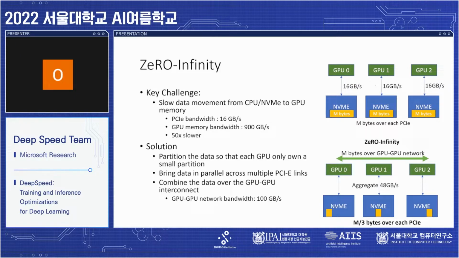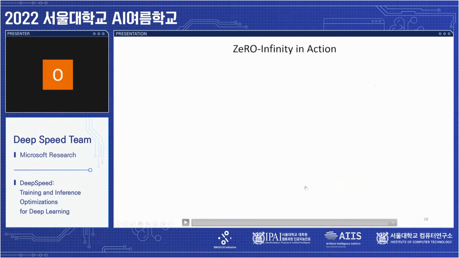And as you stretch that across dozens of nodes, you are getting into the terabytes of transfer. Then once each GPU fetches a partition, they are able to do an all-gather to assemble the full state over the GPU to GPU network, which runs at hundreds of gigabytes per second bandwidth. Next slide.